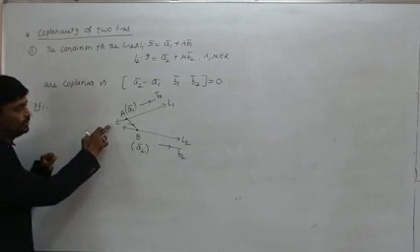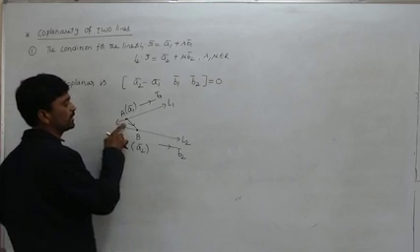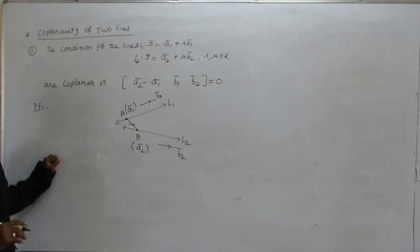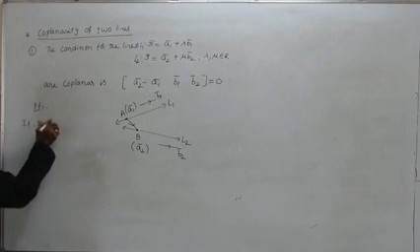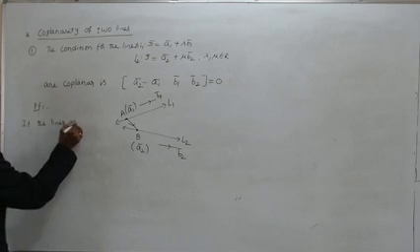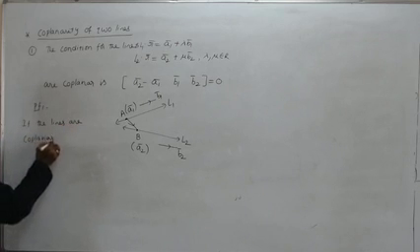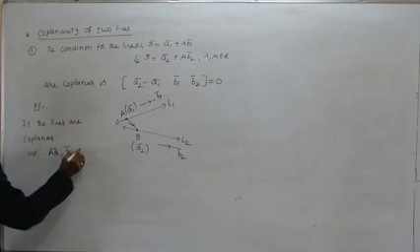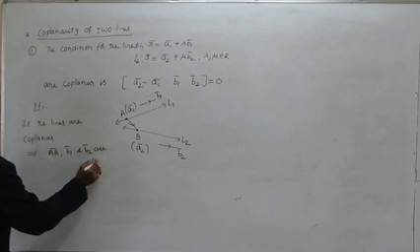If these two lines lie in the same plane, obviously the vectors AB bar, b1 bar and b2 bar also lie in the same plane. So if the lines are coplanar, then the vectors AB bar, b1 bar and b2 bar are also coplanar.